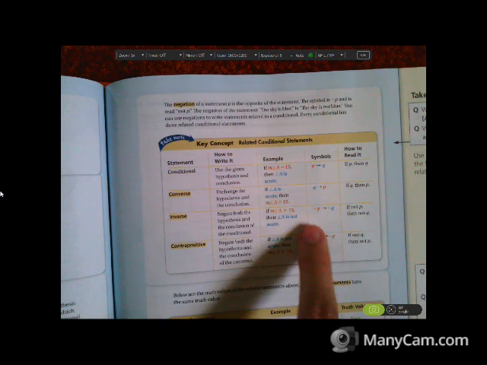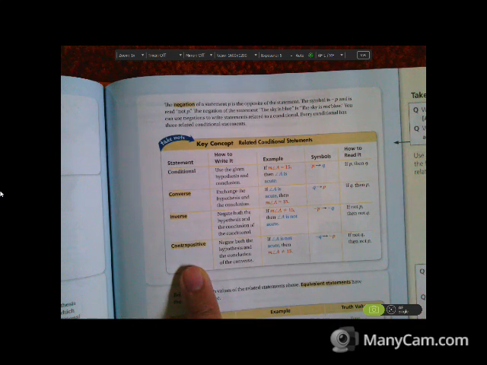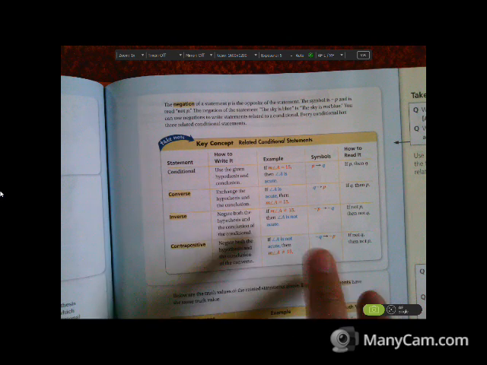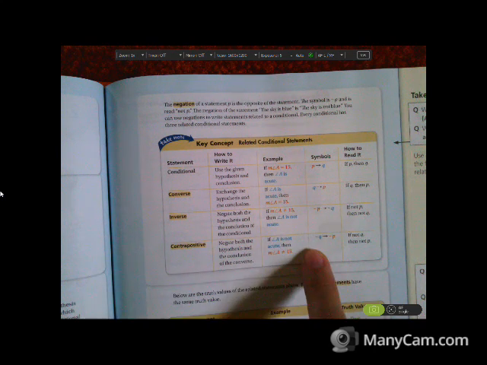Inverse means you're negating your hypothesis and conclusion. So not P, therefore not Q. Contrapositive means you're reversing your hypothesis and conclusion, and then you're also negating them. So not Q, then not P.